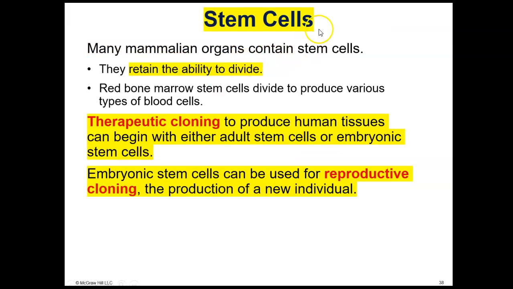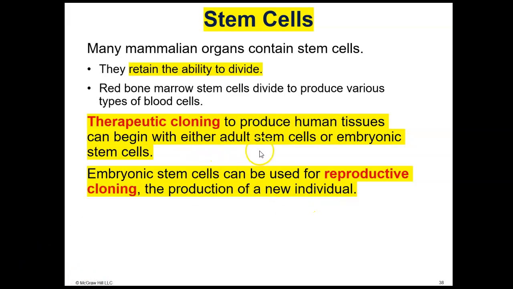All right, so stem cells are cells that retain the ability to divide after the organism has grown into an adult. And there are two types of cloning which use stem cells. There's therapeutic cloning, which is used to produce human tissues.